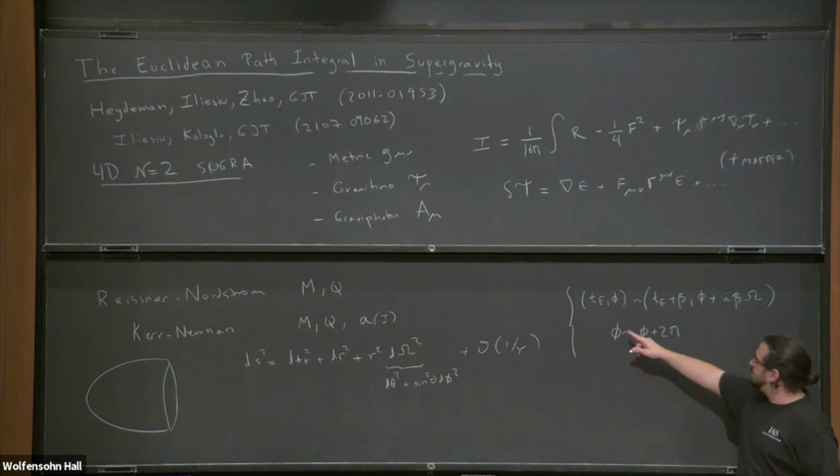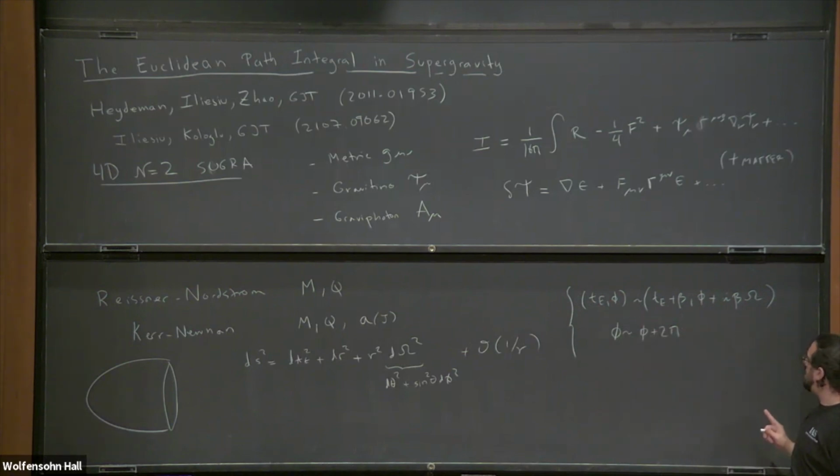And fields have to be periodic or anti-periodic with respect to this identification. And the interpretation is that this is the circle that is becoming contractible at the Euclidean horizon. For the metric to be nice in Euclidean signature, we will take this to be real. So that's some analytic continuation there. And this defines the angular velocity in the boundary conditions.